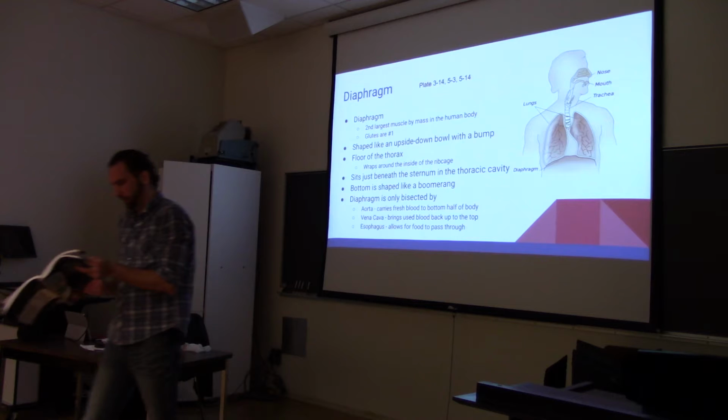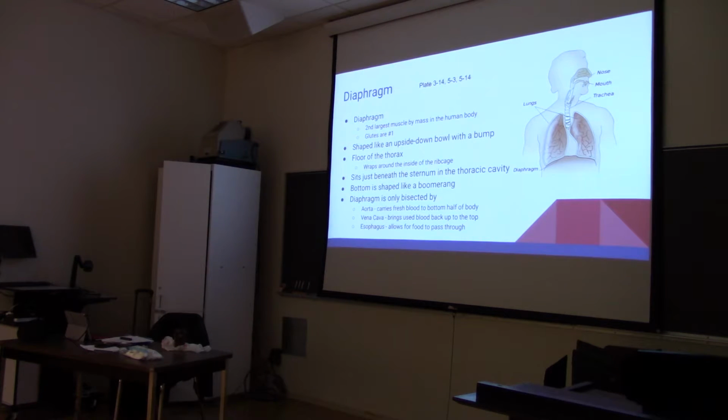You can see the diaphragm's right here, and this is your kidneys and intestines, everything else is down here. This is where our lungs go, and that's where the heart would be. And then there's also this one, which is looking at the front, and the diaphragm's up here. Cool. So it's really big.